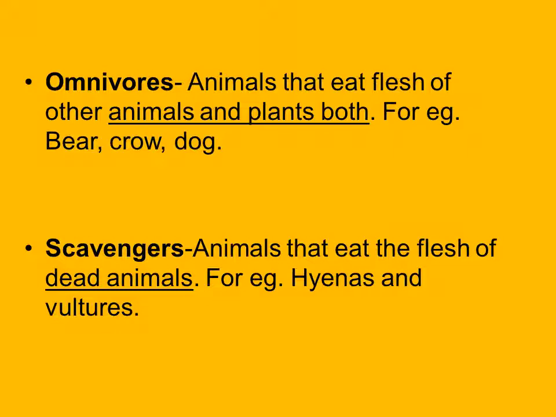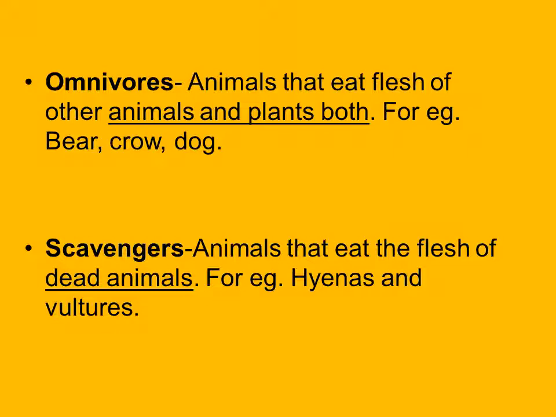You have seen that if we give a piece of meat to a dog, it will eat that also. It even eats bread, and it can even have milk. So dogs are omnivores. Even human beings are omnivores because people are vegetarian or non-vegetarian, so human beings come in the category of omnivores. They eat both flesh of animals and plants.